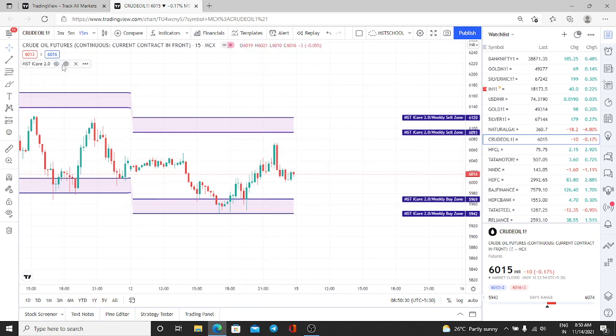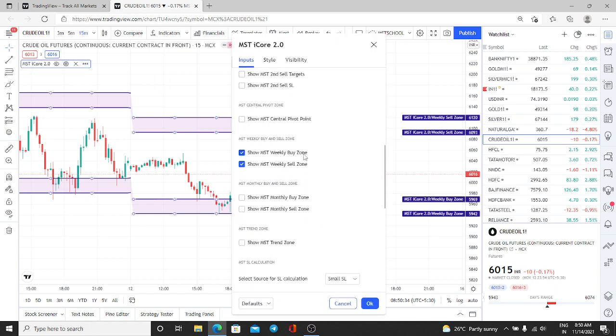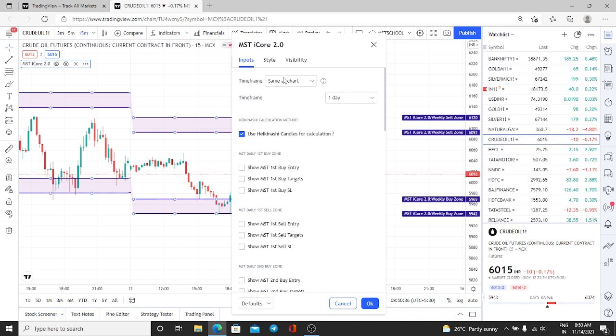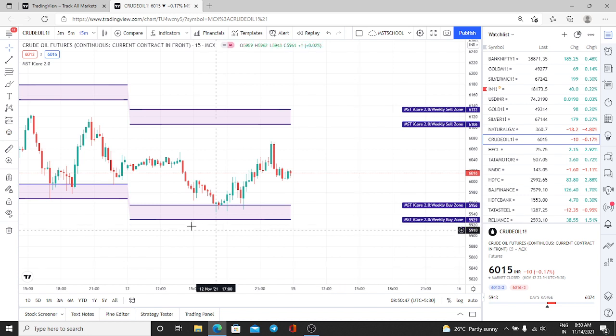Then to get more accuracy, keep the weekly buy zone and sell zone, and come down to the lower time frame. Here you change the time frame to either weekly or monthly. Now you see we have got some extended level.